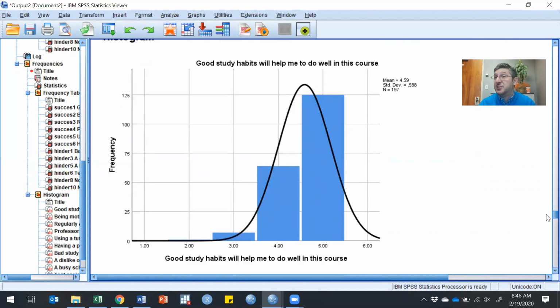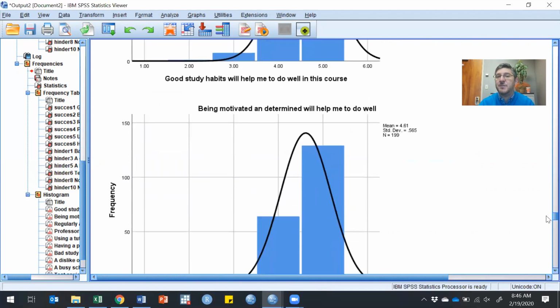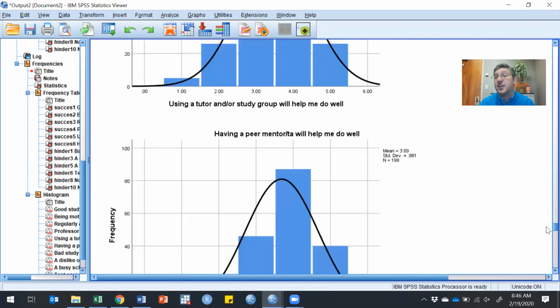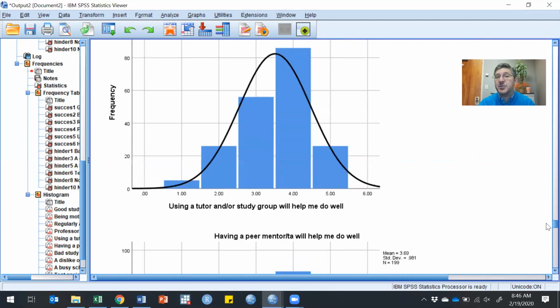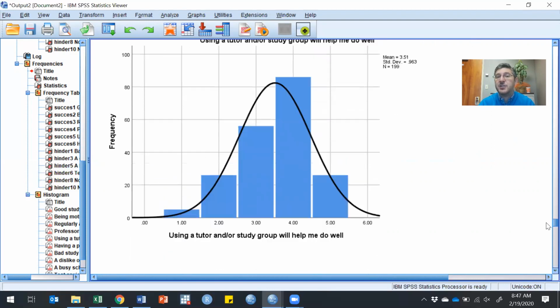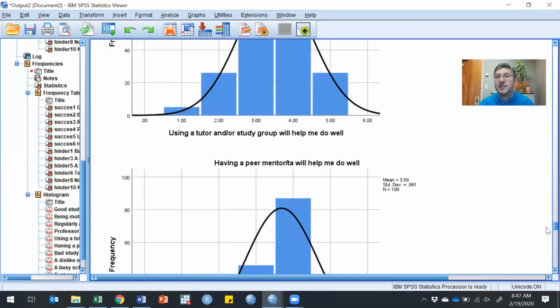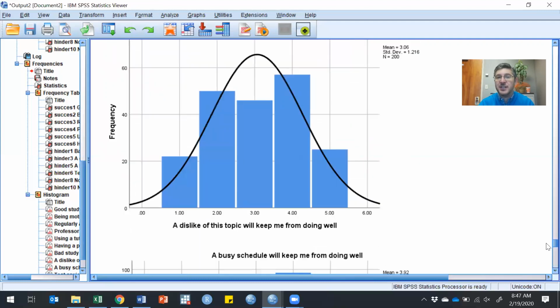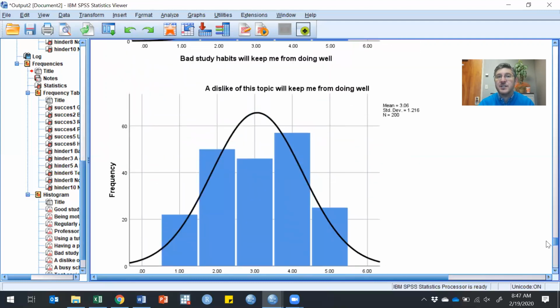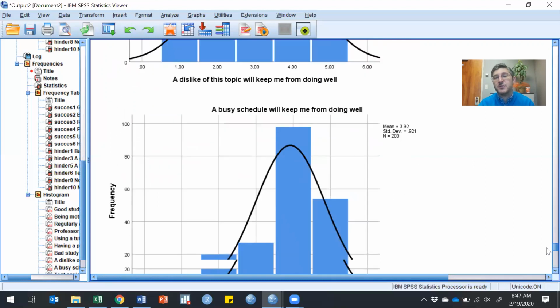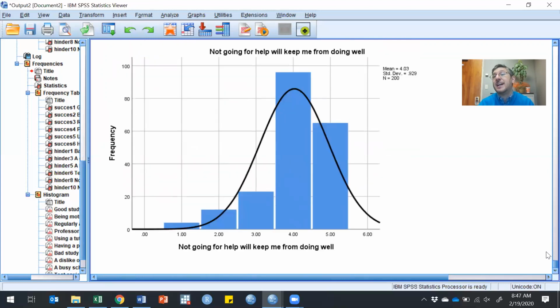We could also view histograms to kind of get a sense of maybe the normality of the data. They're all pretty skewed. Tutor is a little less skewed than others, pretty normal. We can get an idea of the skewness and normality.